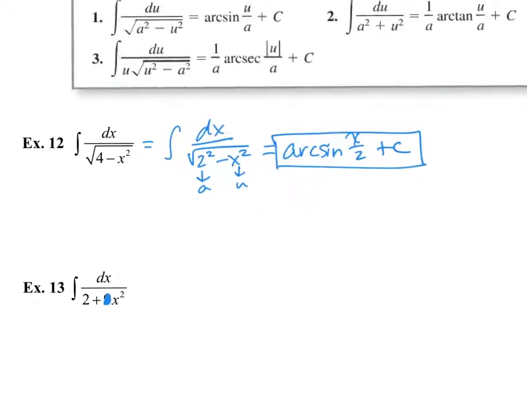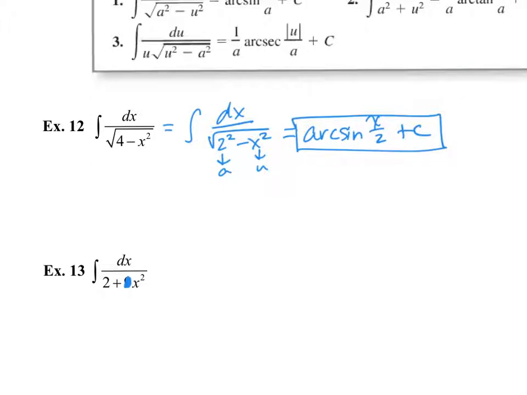Well, this doesn't quite look like that, but if we rewrite it, remember this 2 we could think of as the square root of 2 squared. So it'd be the integral of dx over 2 plus x squared, with the square root of 2 squared plus x squared. So that means in this example, the square root of 2 would be the a, and then u is x.